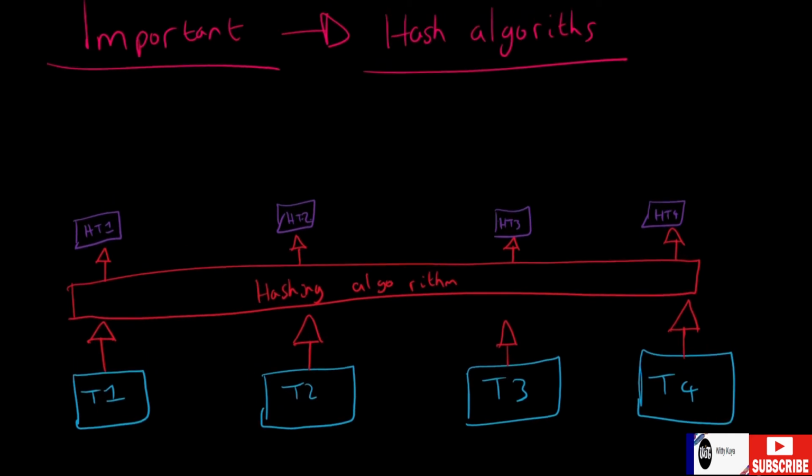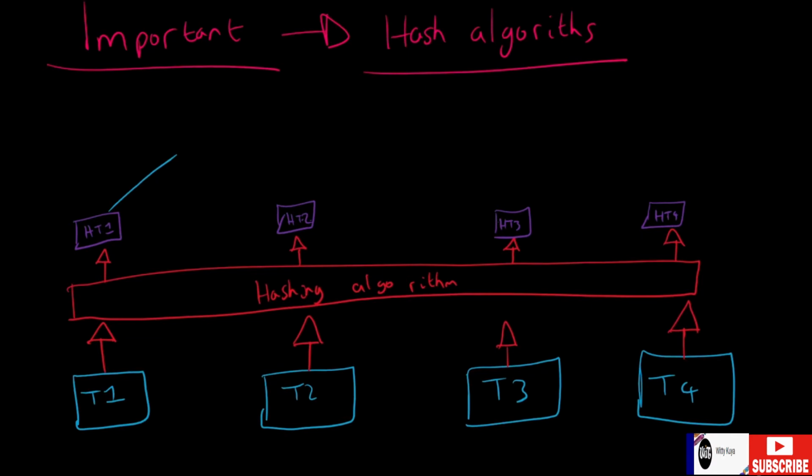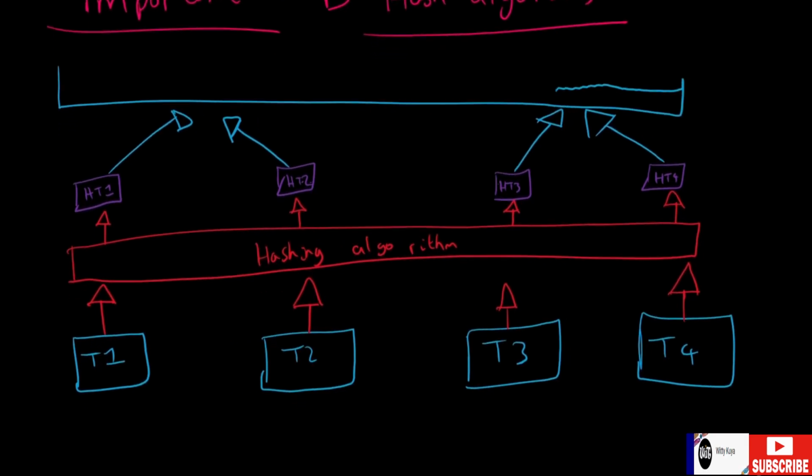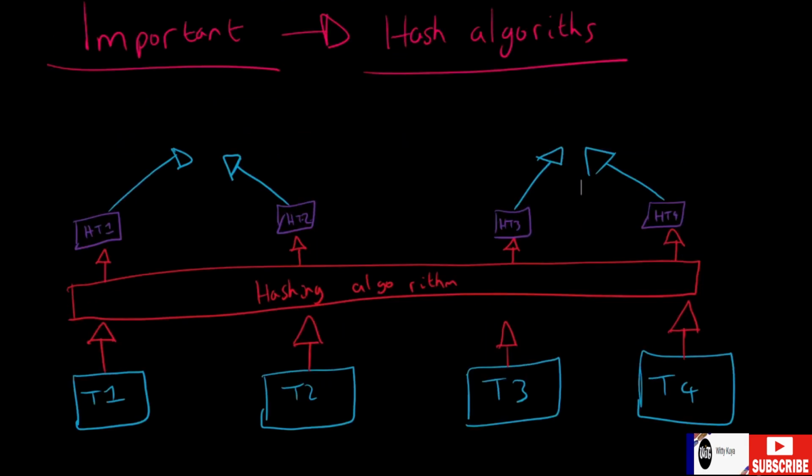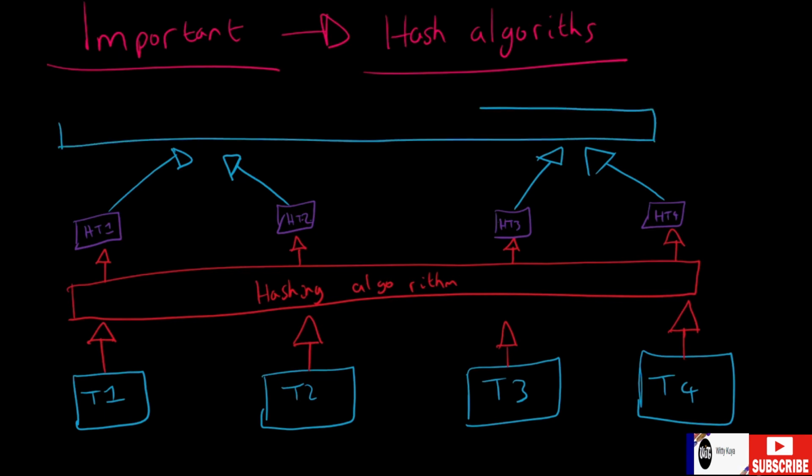So what you get now is these are combined together, and the combination of these are fed through the hashing algorithm again.